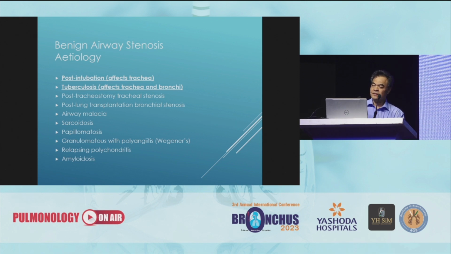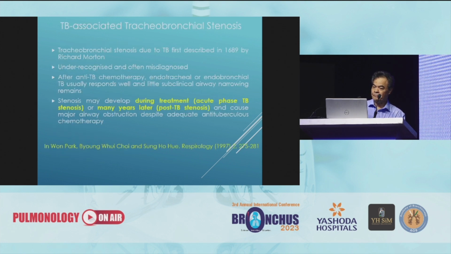So there are many causes of benign airway stenosis. The most common ones are post-intubation and TB. I think in the West they deal with post-intubation stenosis, but in Asia we deal with both, post-intubation and TB stenosis, and there are many other causes of benign airway stenosis.